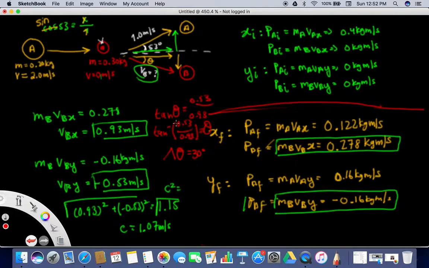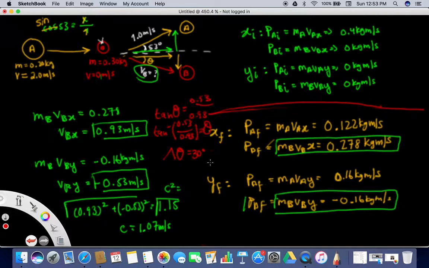Now, of course, you could have put a negative 0.53 and a 0.93 here and gotten negative 30 degrees, and that's perfectly fine because ball B is going below the x axis, below the horizontal. A negative degree would imply that you're going below the horizontal.